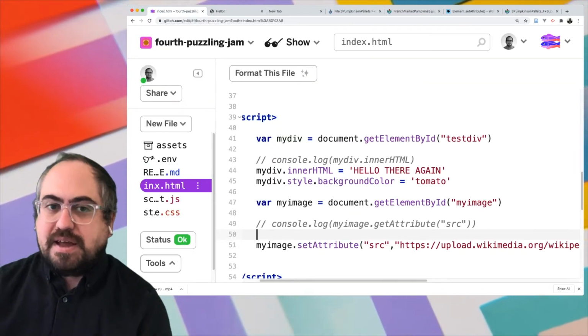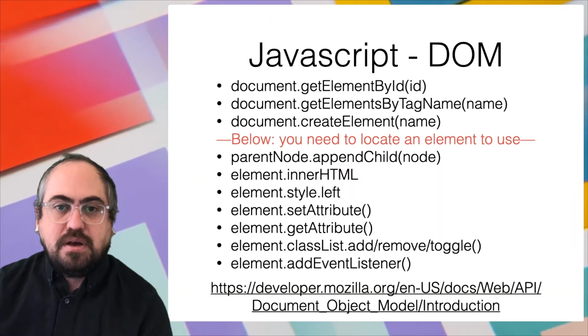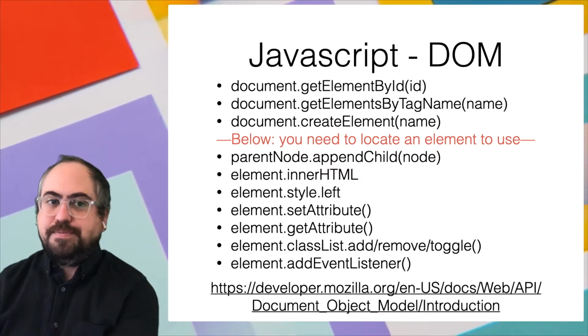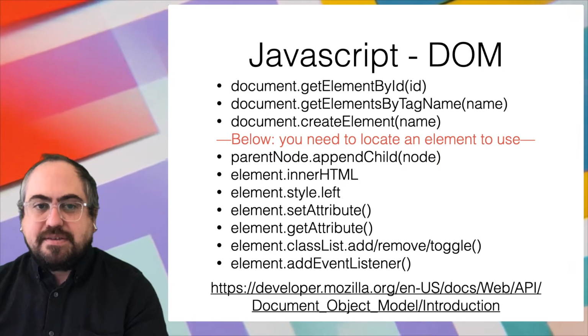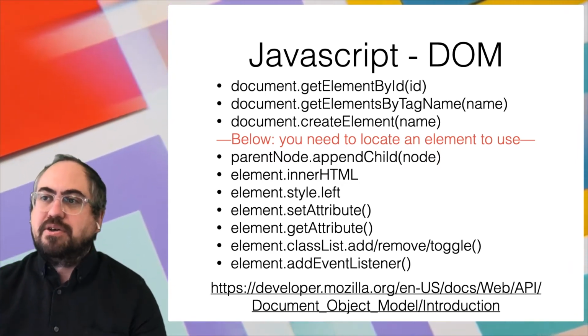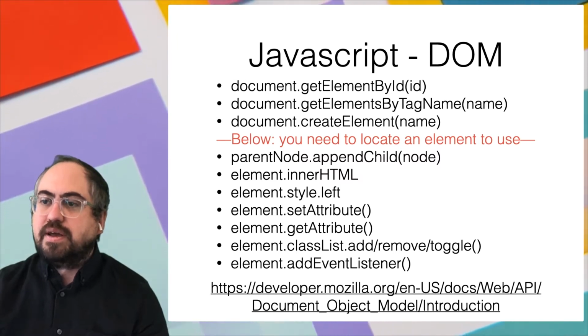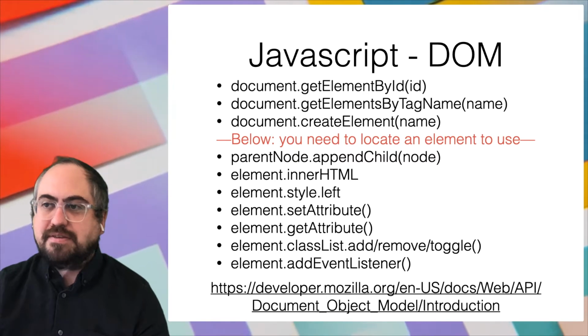All right, so that was the get and set attribute. We also have the class list: add, remove, toggle. These class lists let you modify the things that are in the class of the HTML element, right? So if you look at our current elements, none of them have any classes defined.